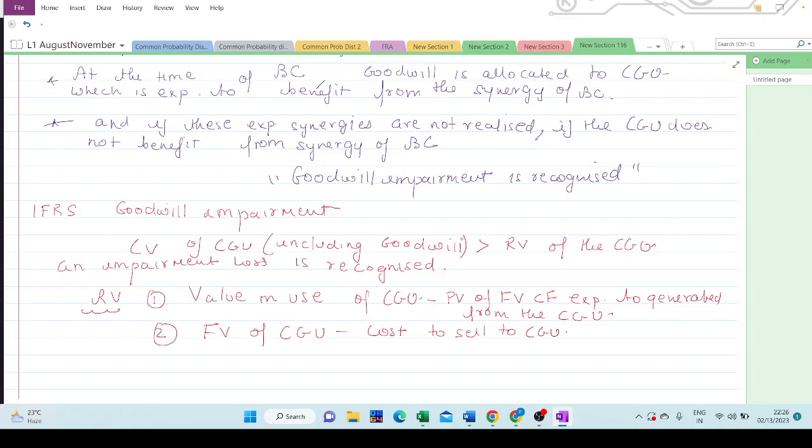Now, guys, we could not determine the value in use of goodwill, but we can definitely determine the value in use of CGU. Could we determine the value in use of the goodwill? Guys, please tell me.